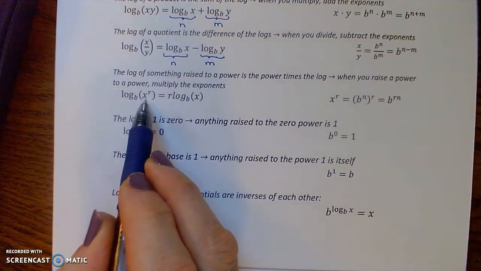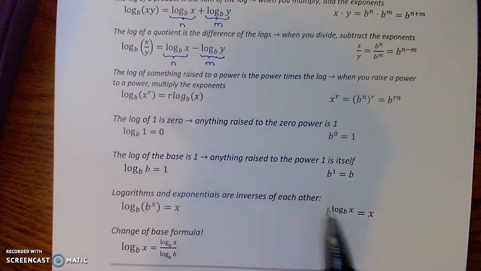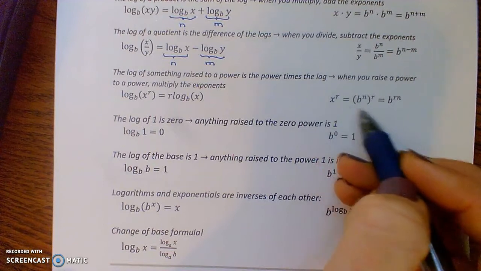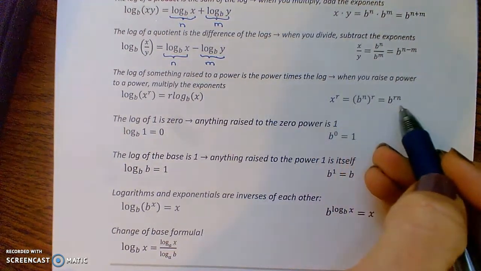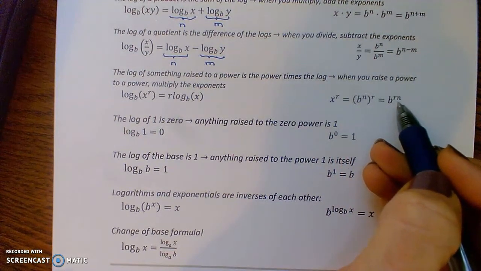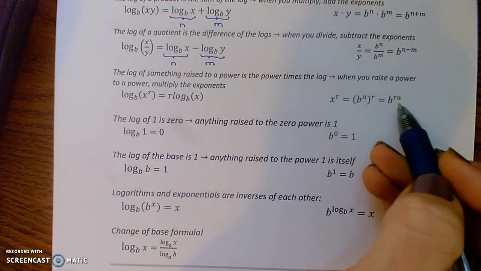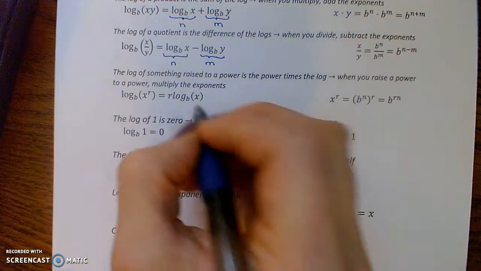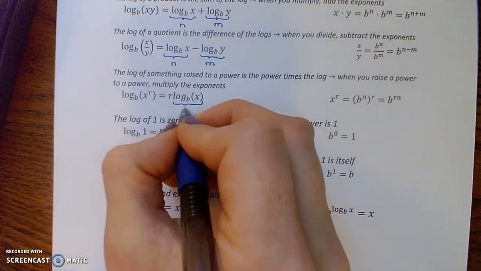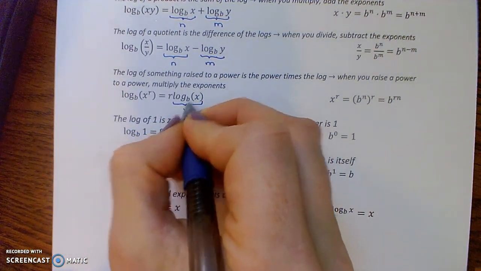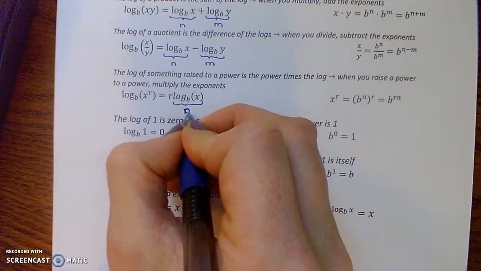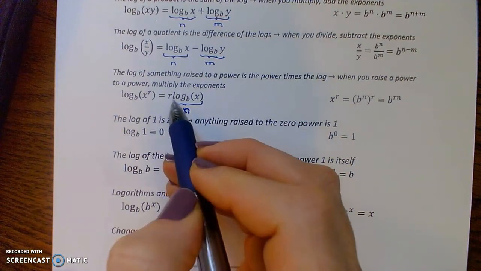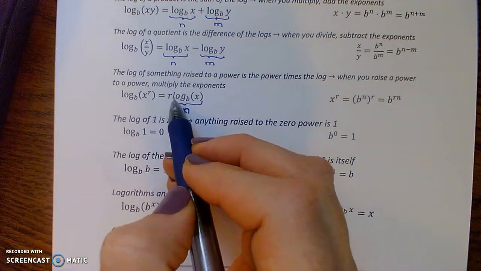Similarly, if we're raising a power to a power, so if x is like b to the n, and we're raising that to some power r, what do you do with the two exponents? You multiply the exponents, right? So if you're taking x to the r, it's like you're taking the exponent of the value x, which we said was n, and you're multiplying by the other exponent r.